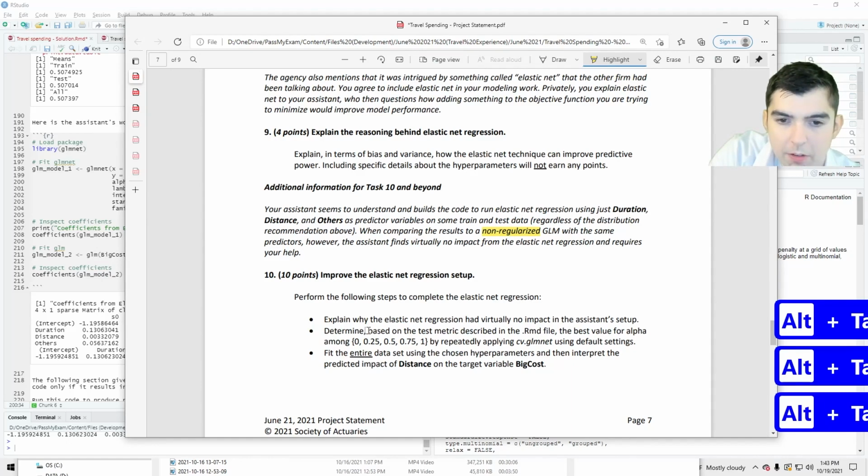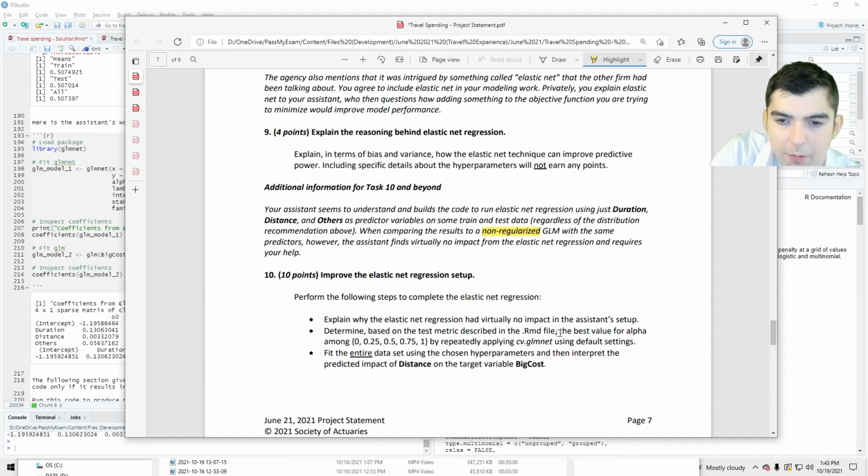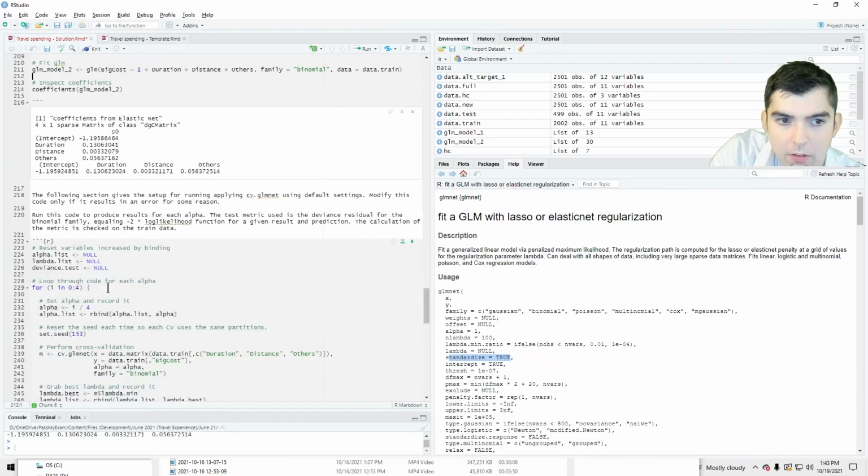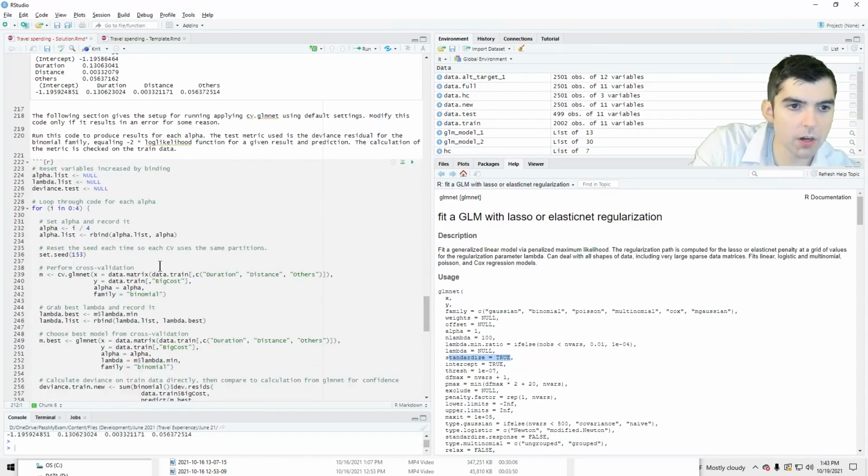Determine based on the test metric described in the RMD file the best value for alpha among 0, 0.25, 0.5, 0.75, 1 by repeatedly applying CVGLMNet using default settings. So the following section gives you the setup for running and applying cross-validate.glmnet using default settings.